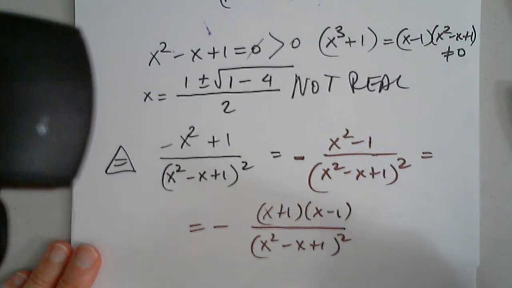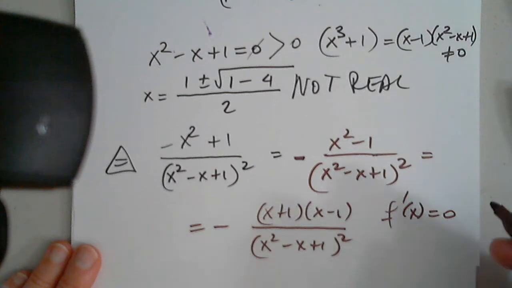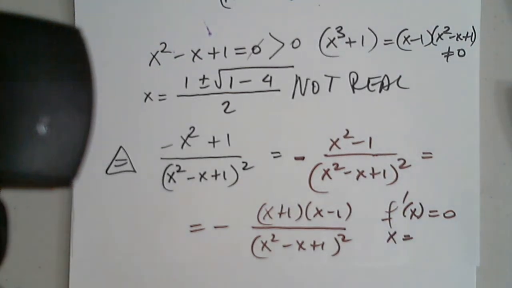That's all I needed. So now I know the solutions. I don't have to work too hard after that. So what are they? -1 and +1.